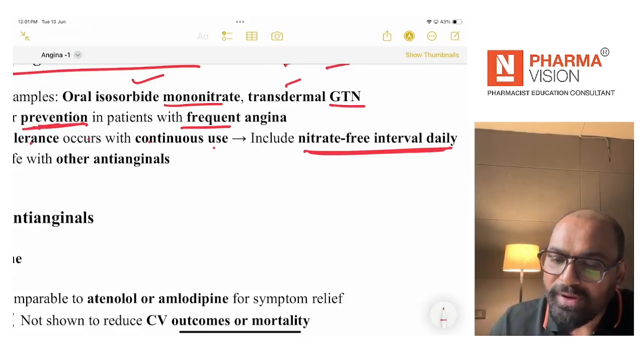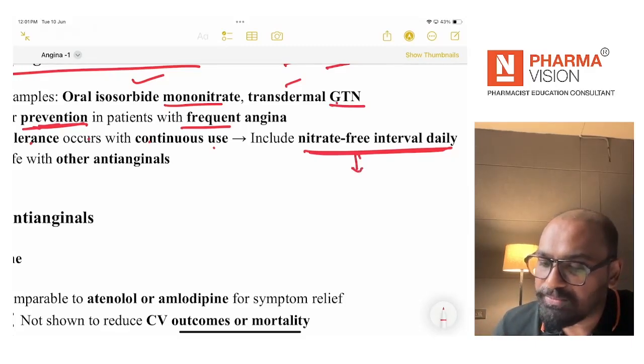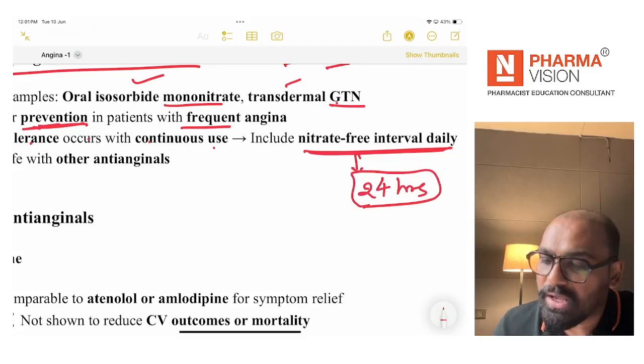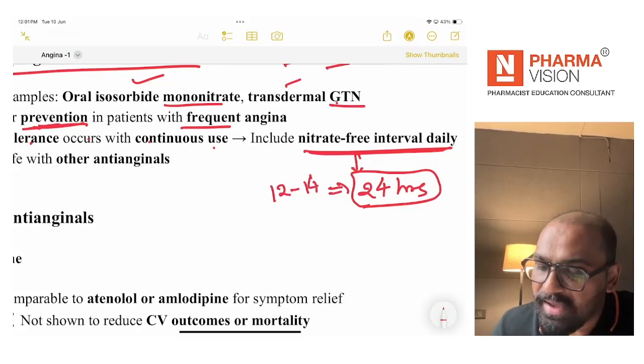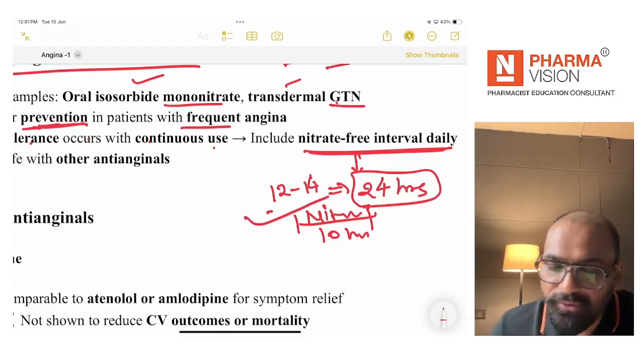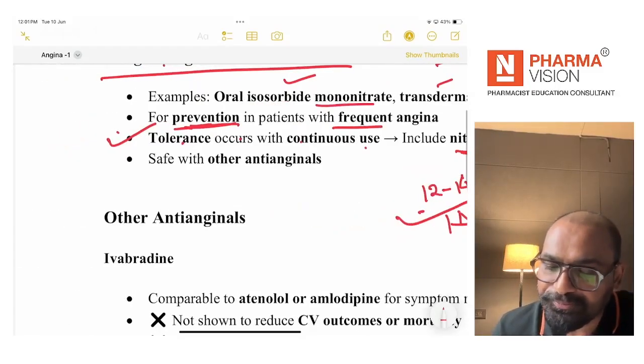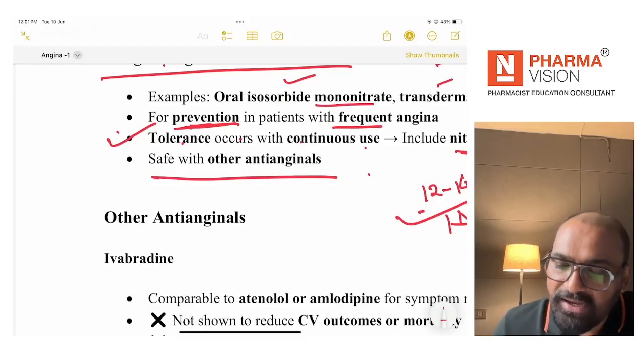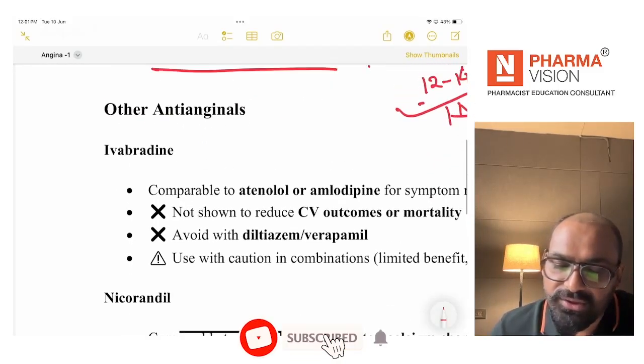Glyceryl trinitrate transdermal patches are 24-hour patches, but we have to keep the patch on for 12 to 14 hours and maintain a nitrate-free interval of 10 hours. So that is a very important point to keep in mind, and the same applies to the other antianginal medications.